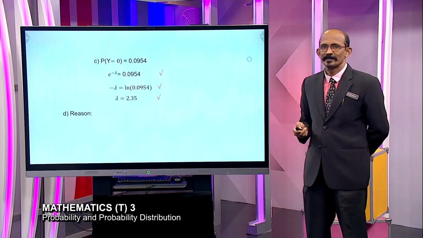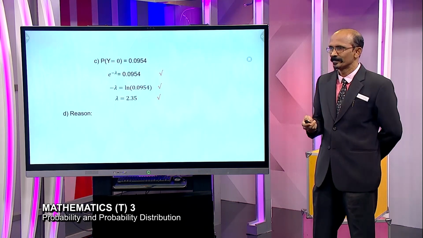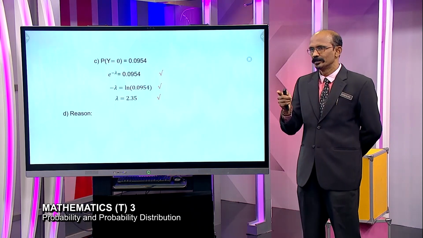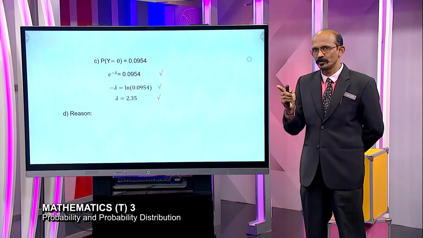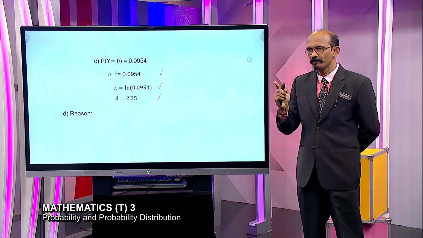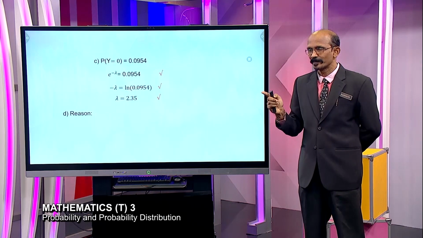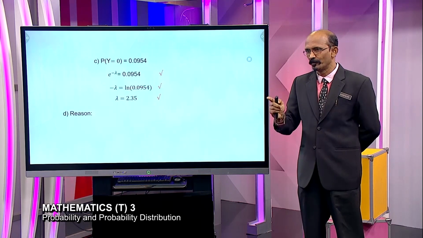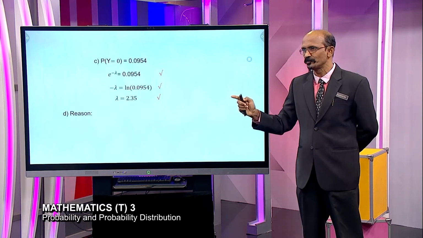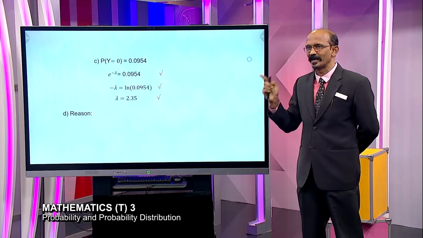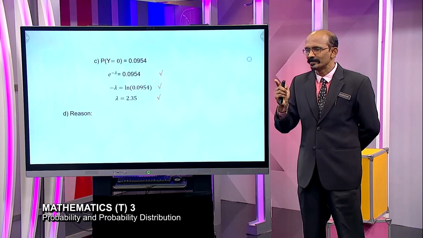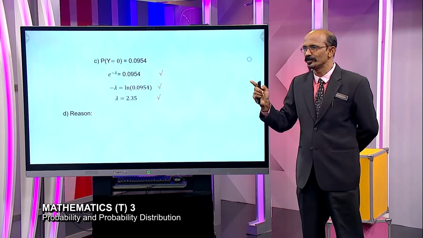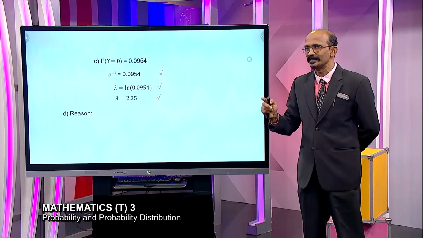Next, they ask you to give a reason. As I mentioned earlier, for binomial and Poisson distributions, you should be able to state their conditions, which are the properties of the Poisson distribution. But in this case, they are asking why it would not follow a Poisson distribution, so you must find the negative statement.